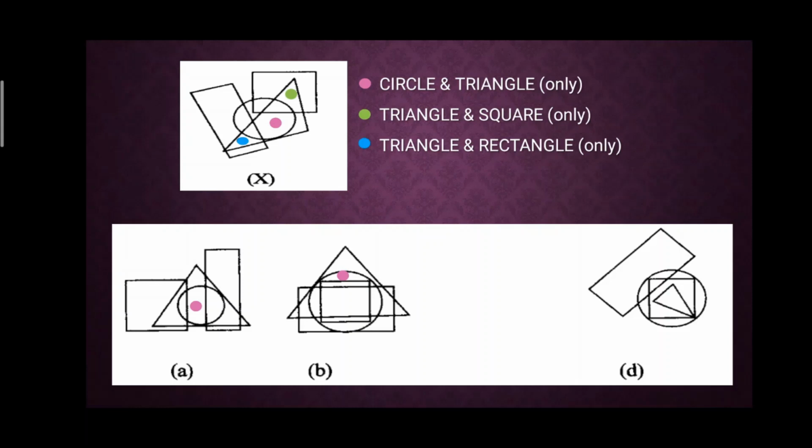Now when you look at option D, you do find circle and triangle one inside the other, but a square is also there inside the circle. Therefore you will not be able to find circle and triangle only. I want only these two figures, right? Therefore I'll eliminate this option also because I'll not be able to find the pink dot there.